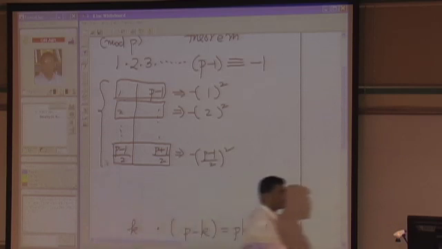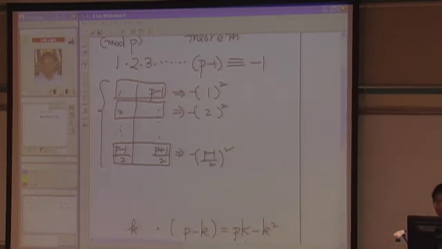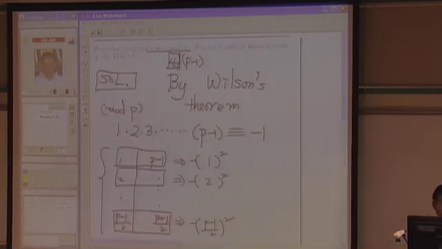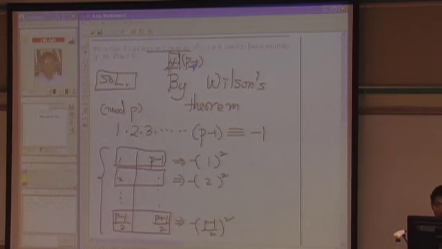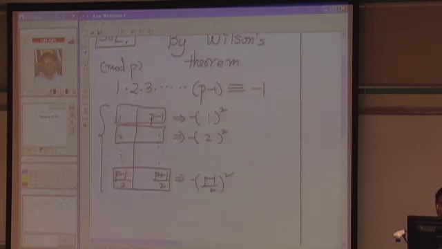Because take a look, the number of numbers 1 through p minus 1 divided by 4, we paired them. After pairing them, we had rows. Because it's divided by 4, is this an even number of rows or odd number of rows? Even number of rows, right? That means there are an even number of minus signs.